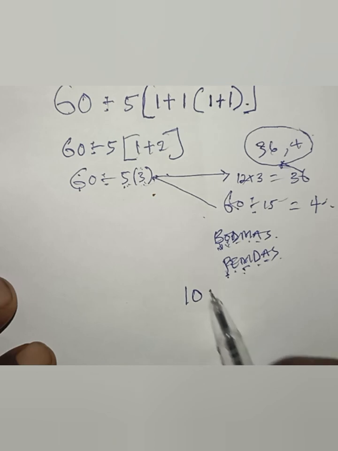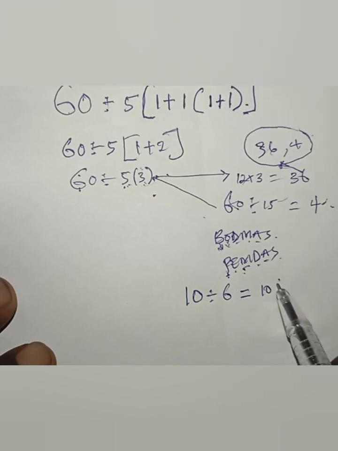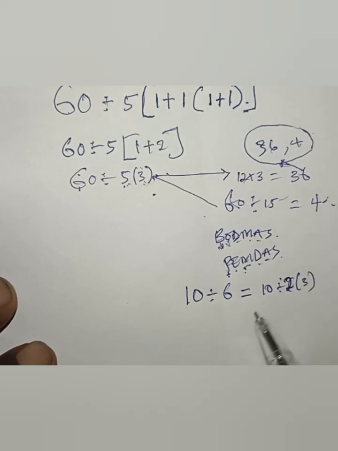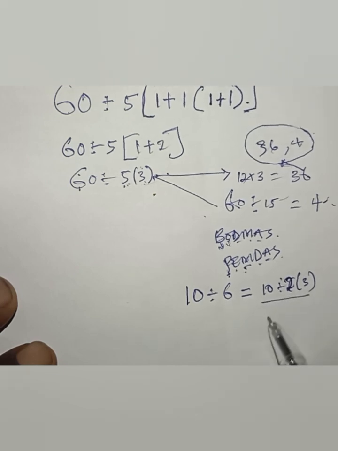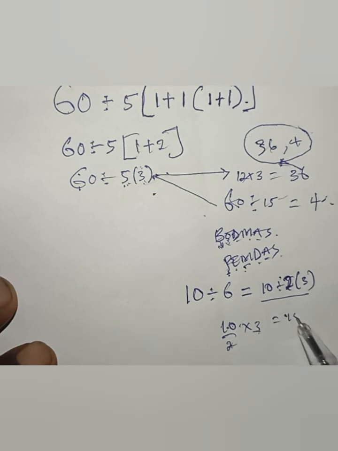Another thing you also need to know is, if I have something like 10 divided by 6, I can actually write 6 as 2 bracket 3. Of course 2 bracket 3 is also 6, but then you cannot simplify this as 10 divided by 2 multiplied by 3, because if you do that, what you are going to be having here is 15.